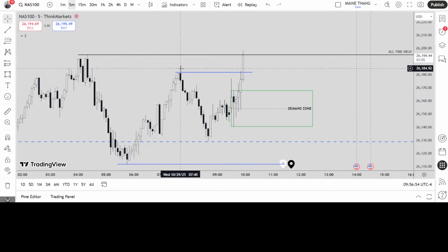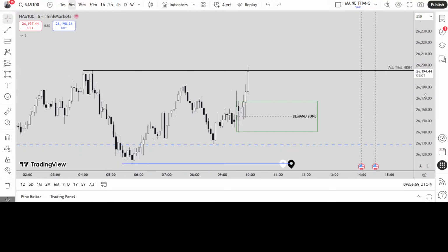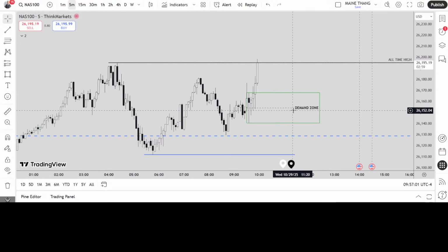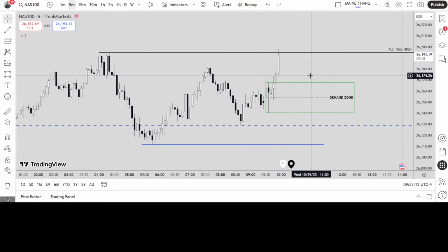All right, we broke a new all-time high. The demand zone is already marked up. Last down close candle before it took the high.